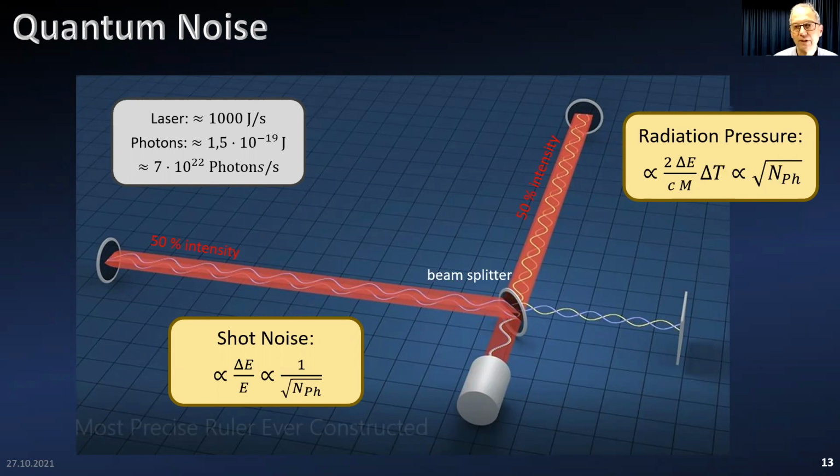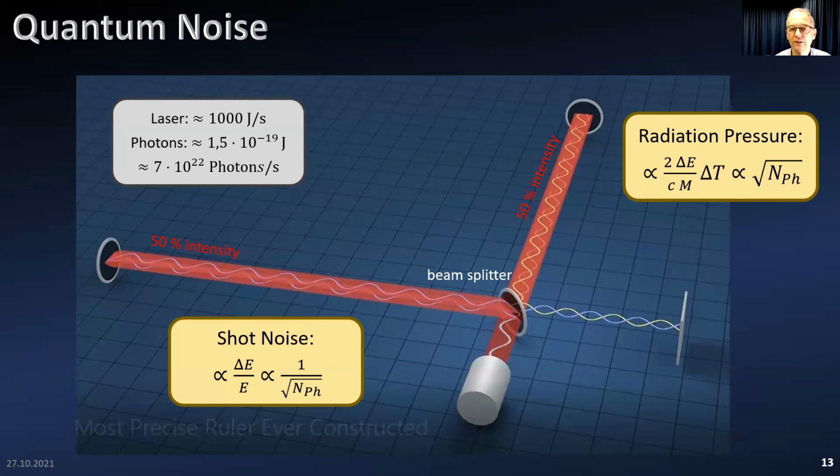Now, this is not a problem because we can correct for that. But the problem is, if the laser intensity fluctuates, if the number of photons fluctuates, then also the radiation pressure fluctuates. And the fluctuations we cannot compensate. But in this case, it's not about the relative uncertainty in the number of photons.